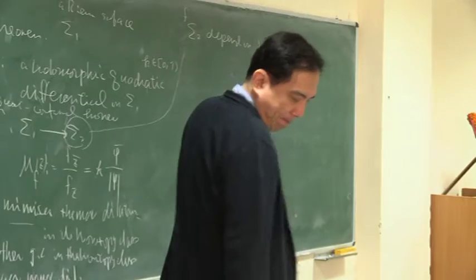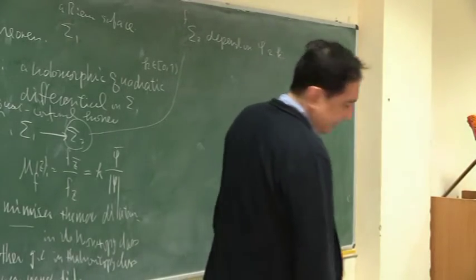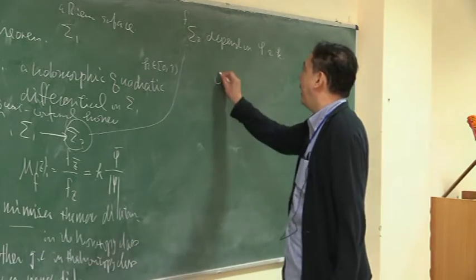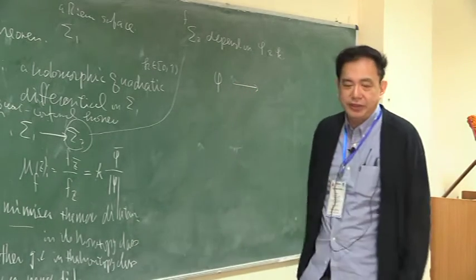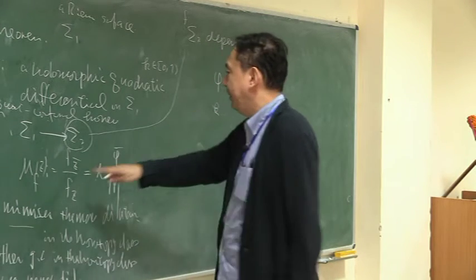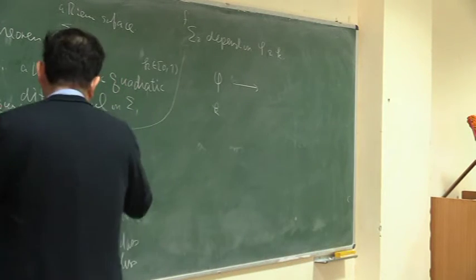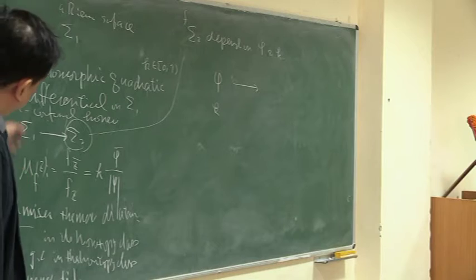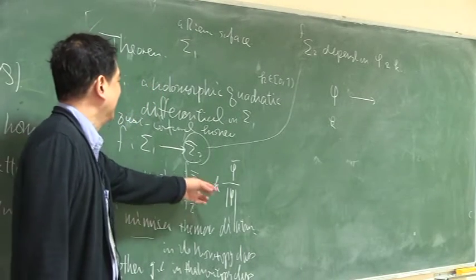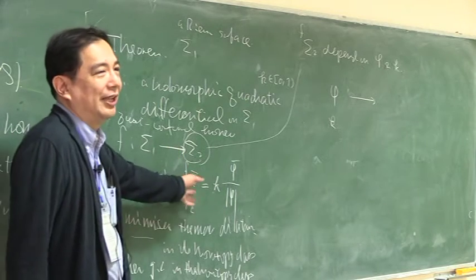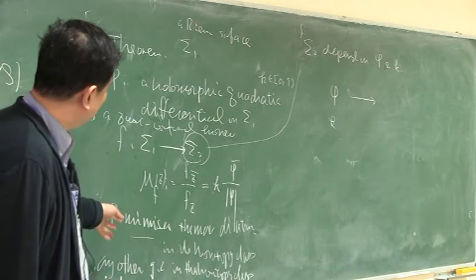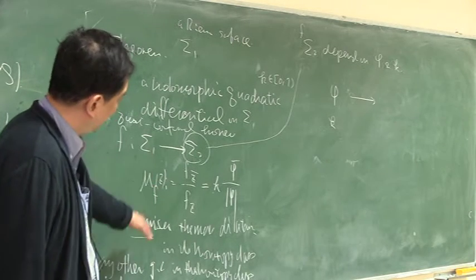So we have constructed a map like that. This part is probably okay because you can just solve the differential equation and you have a map. The point is to show that this minimizes the maximum dilatation.